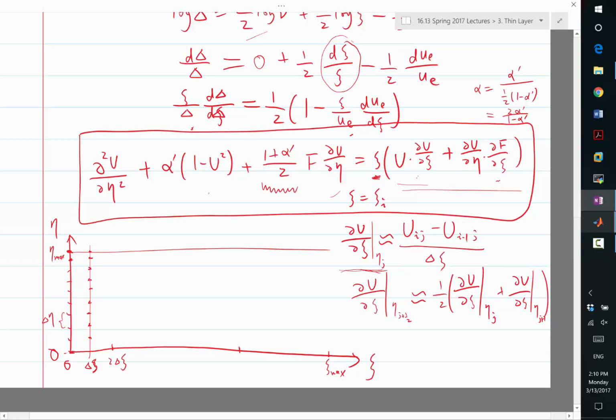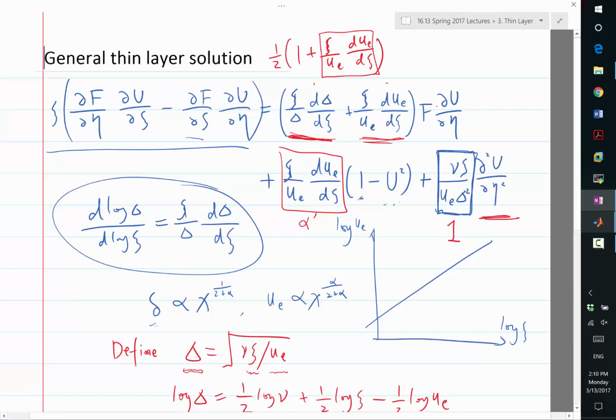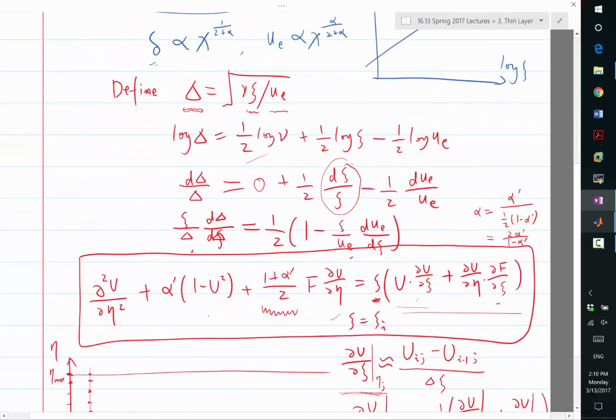Did I actually mess up the sign somewhere? Somehow I remember it was minus somewhere. Yeah, it's minus. So I did mess up the sign. So this is minus, minus down here, it's better.